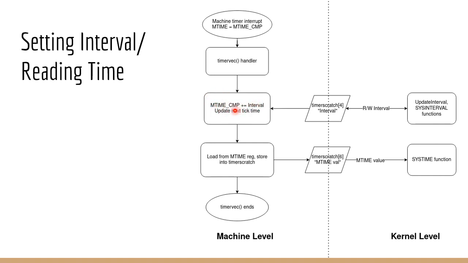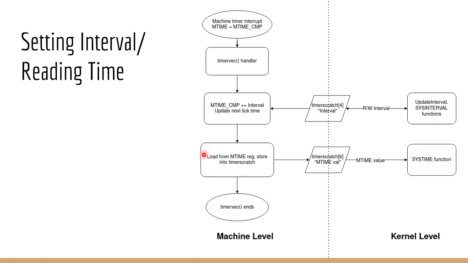Since the interval between ticks is no longer constant, we thought it would be useful to have a method to determine the current time of the system for debugging purposes. So we made one change to the timervec handler.